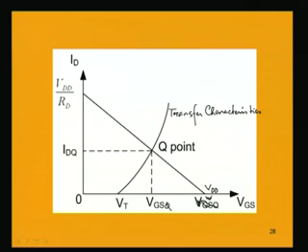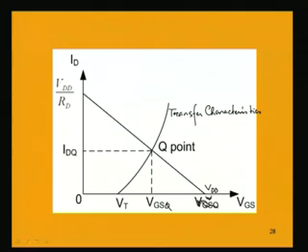Now we have two things on the same set of axes. We have the transfer characteristic as well as the straight line. Both are intersecting at a point which is the Q point. So, the intersecting point between the transfer characteristic and the network straight line will be giving us the Q point.